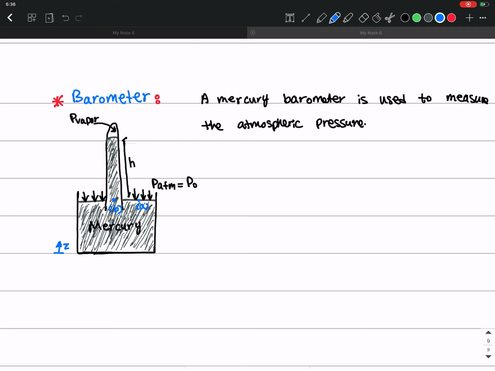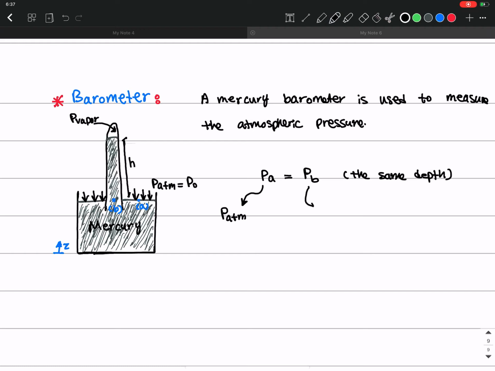So I'm just going to write it down. P at A should equal P at B, same depth or elevation. So what is P at A? P at A is just the atmospheric pressure, or P0, right?